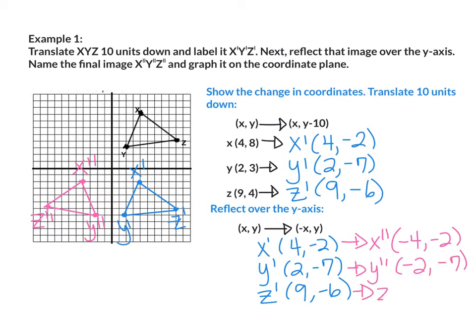And then for Z double prime, my 9 will become negative and negative 6 will stay the same. And since that's my answer, I'm going to go ahead and shade in the new image. Now remember, the reason why I reflected my image to the left is because my line of reflection was the y-axis.